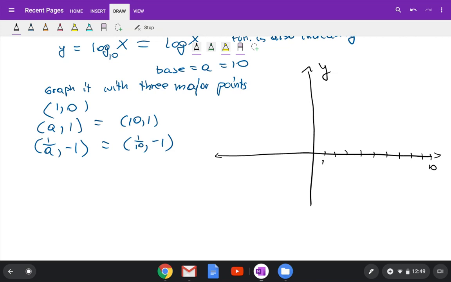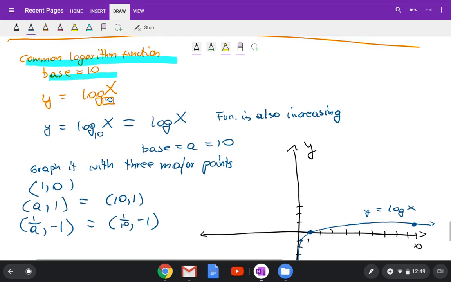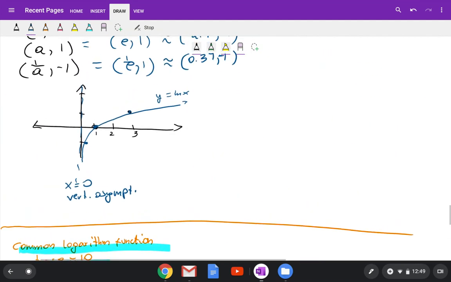We have the point (1, 0), the x-intercept, (10, 1) right here, and (1 over 10, negative 1). This one is more flat compared to ln. If you compare them, this is y equals log of x. It's getting closer to the x-axis, more flat compared to ln of x.